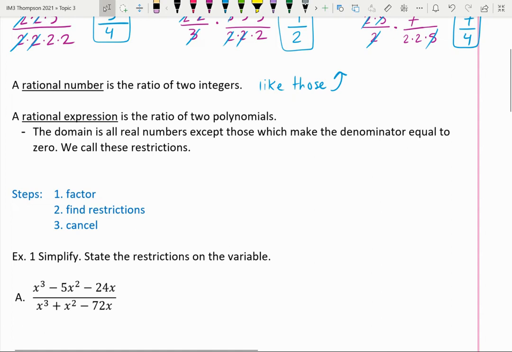The domain of a rational expression is all real numbers except those which make the denominator equal to 0. And we call these restrictions.